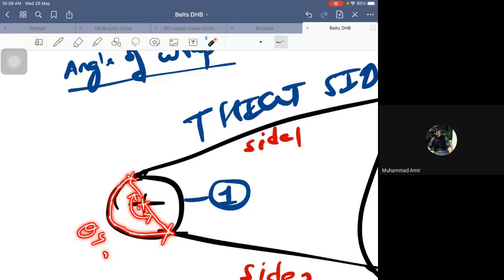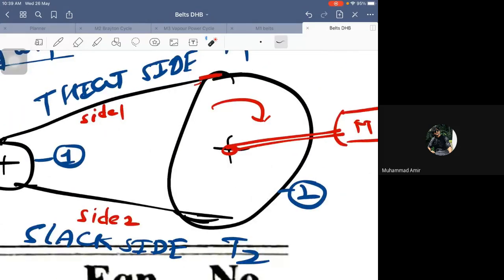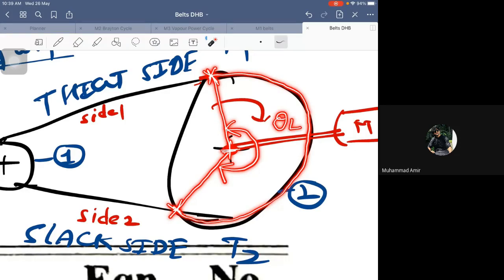Yes. Now come to the larger side. Same concept. This is a bigger pulley, and this is the center. The belt touches here, engages, and wraps like this, and at this point it leaves the pulley. Now, if I connect these and measure the angle, this is known as the angle of wrap of the larger pulley.